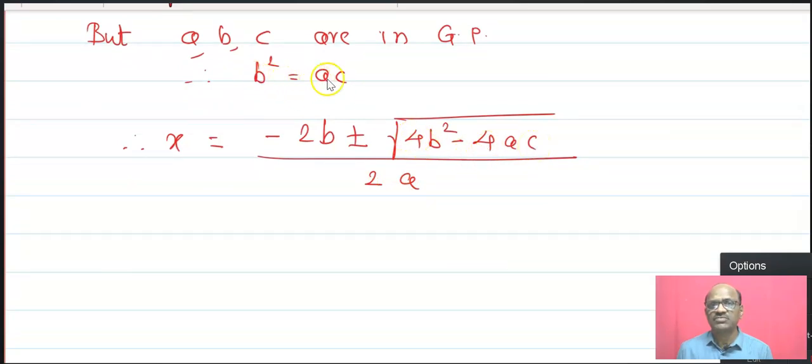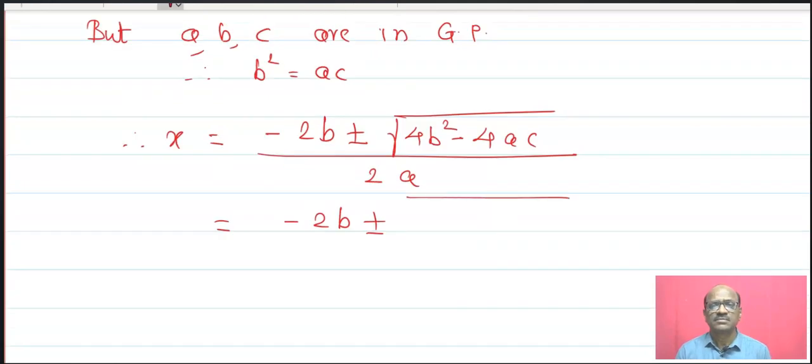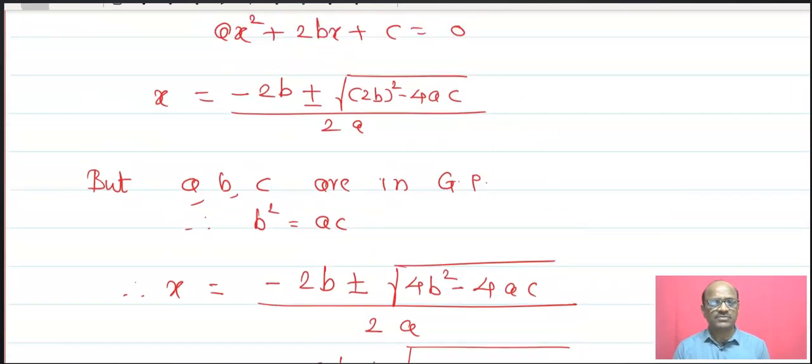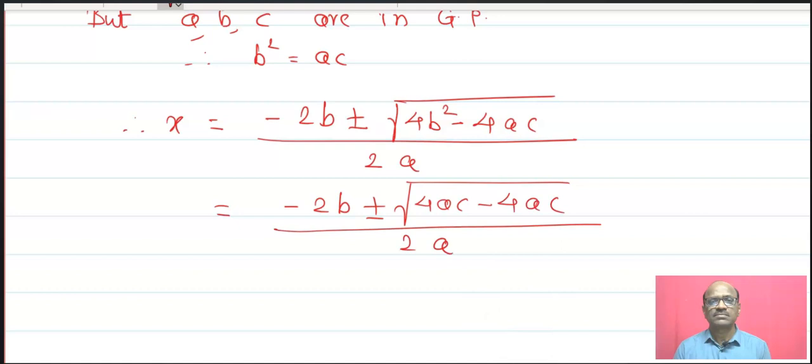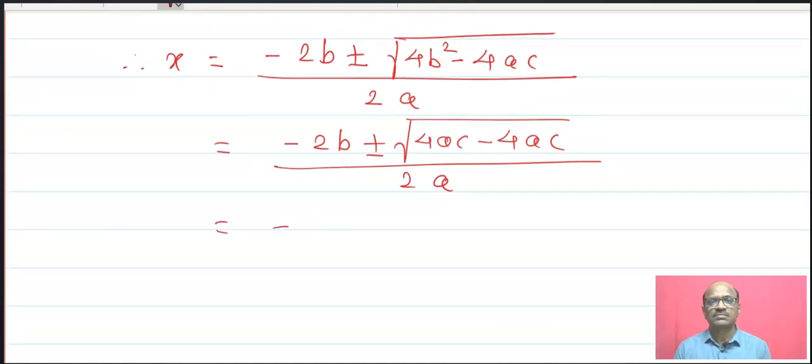But B square is equal to AC. If we substitute here, therefore it is 4AC minus 4AC. This whole quantity becomes 0. 2 gets cancelled, and you will get the value of x is equal to minus b upon a.